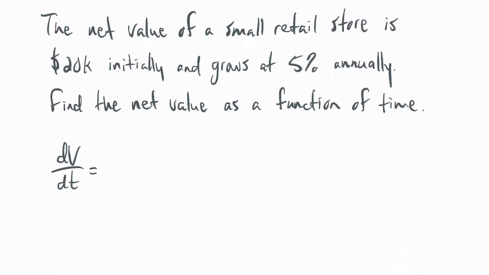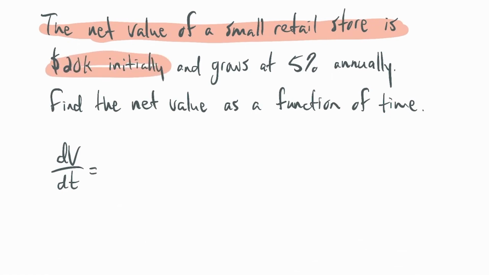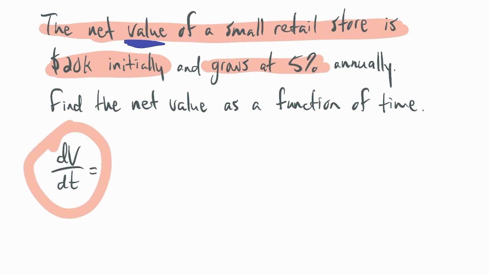Anyway, so this part's just sort of window dressing, the net value, the small retail store, whatever. We have 20,000. So this is our initial value. It says initially, which is convenient. And in fact, the term value is important. And the value grows at 5% annually. Okay, so what is the value as a function of time? Well, it's going to be 5% of whatever it was previously, right?